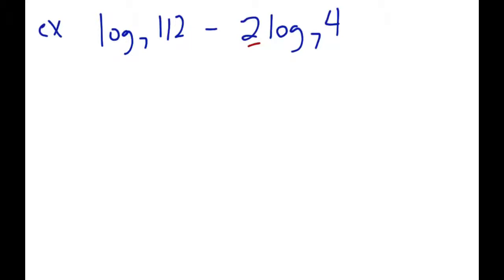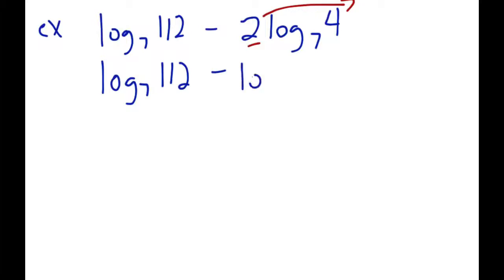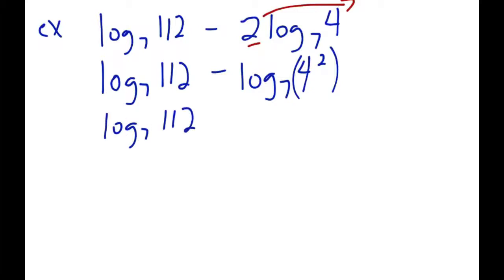So the first step is to get that 2 up as an exponent. We want to use that last law that we just did, and change it so that it would be log 7 of 4 squared. And then we know that 4 squared is 16, so we can change that to log 7 of 16. Now we have the same bases, we have a minus, so we know that has to be the division law.